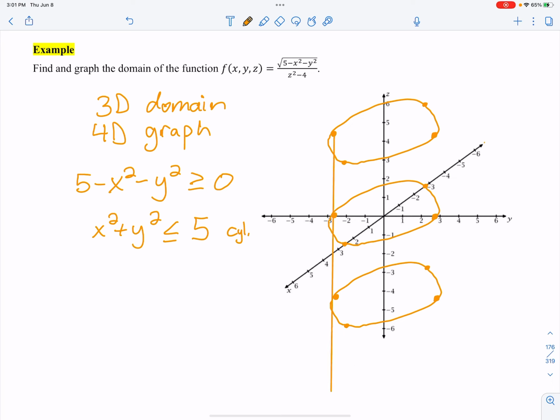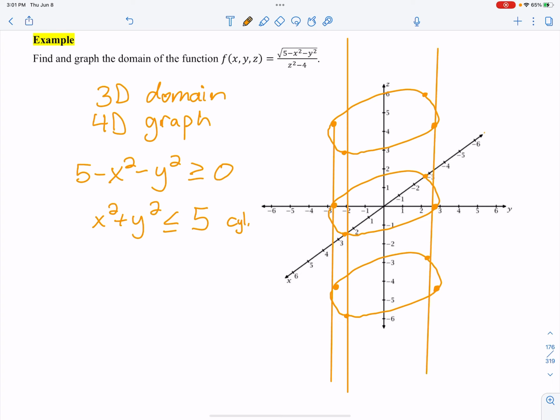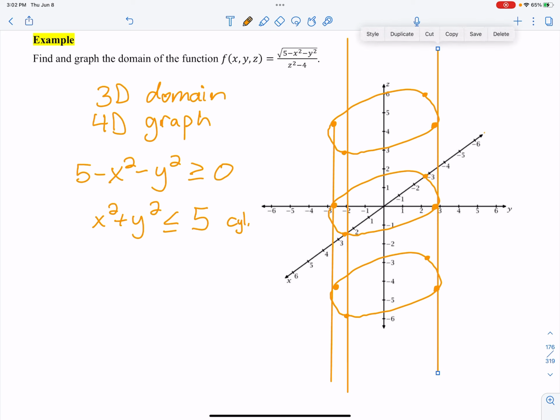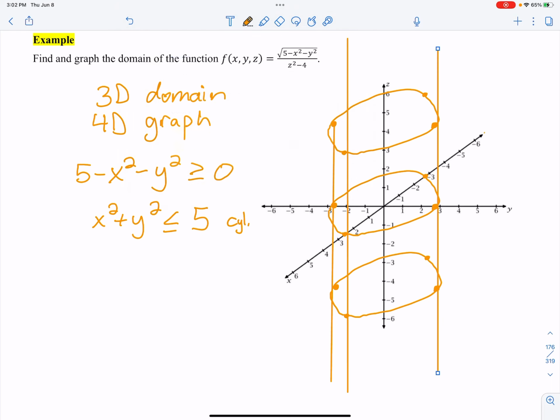Just do it straight down. There we go. All right, and then this point here. Oops, okay, so let me straighten this out. There we go. All right, and then we would have a dotted one maybe on the back to represent that back side. I'll just do a straight down one right there.